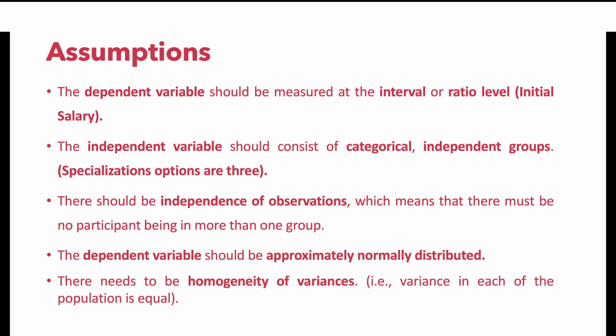In our case, there are three unrelated groups, which are specialization 1, 2, and 3. Then there should be independence of observations, which simply means that there must be no participant in more than one group. In our case, one student can only opt for one specialization area. So this condition is also met.